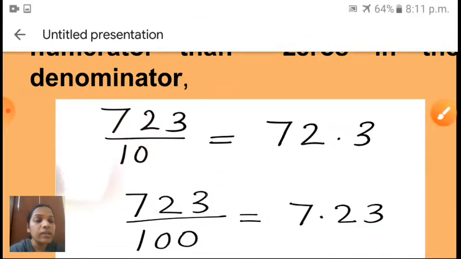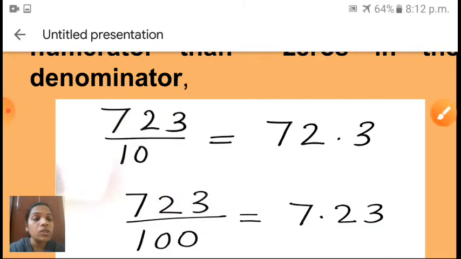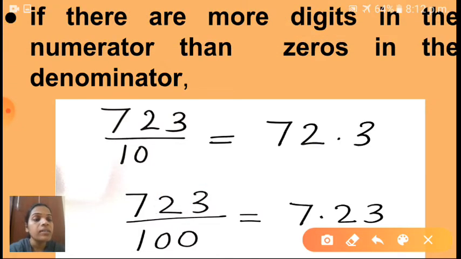You have to count from this side, 1, 2, and put the decimal point here. That means 7.23. Suppose, children, I will give one more sum here.